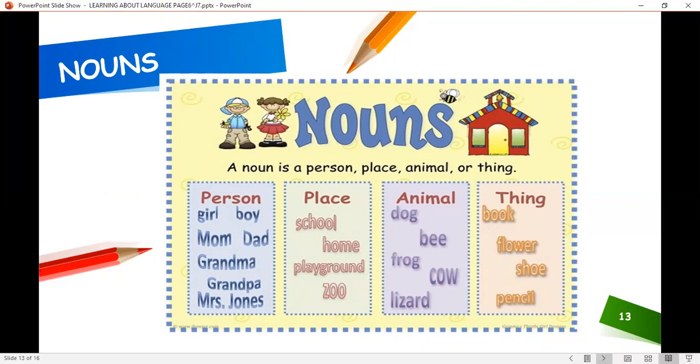These are all persons. Under the heading of place, we can say school, home, playground, zoo; these are all places named as nouns. In animals, we can say dog, bee, frog, cow, lizard, and things are book, flower, shoe, and pencil.